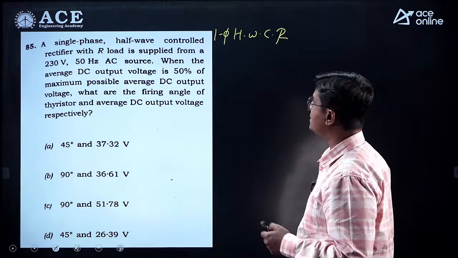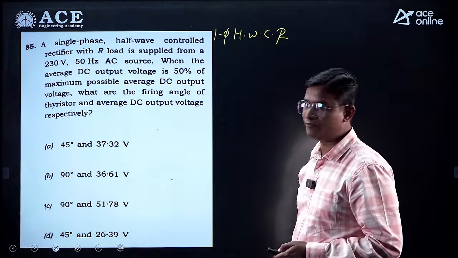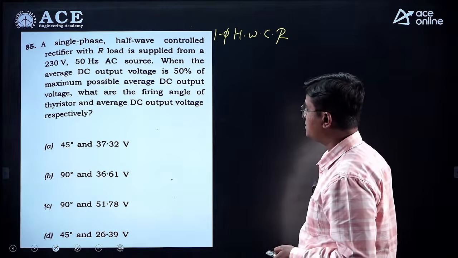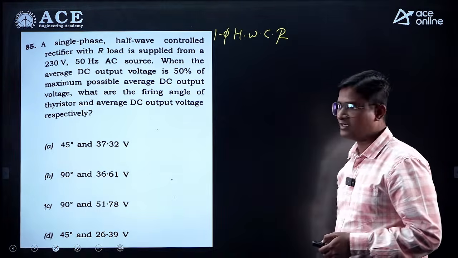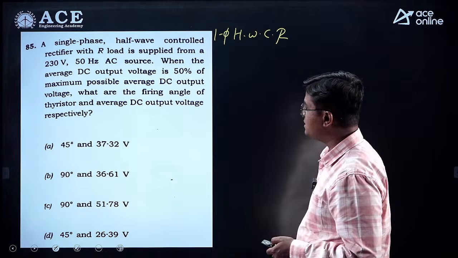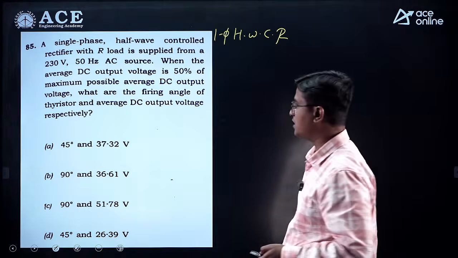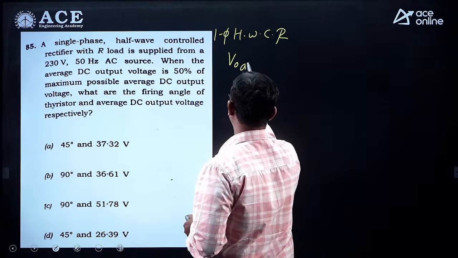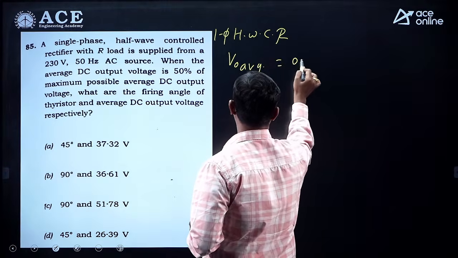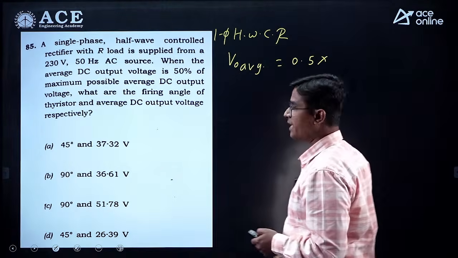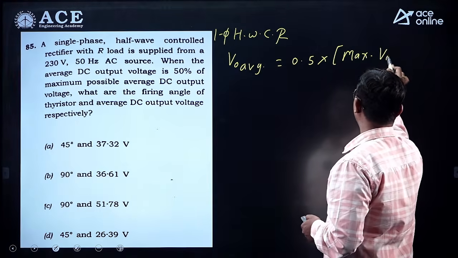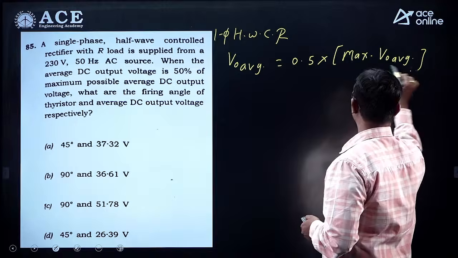When the average DC output voltage is 50% of the maximum possible average DC output voltage, what are the firing angle of the thyristor and the average DC output voltage respectively? So alpha and V0 average they are asking. It is given that V0 average is equal to 50% of maximum V0 average.